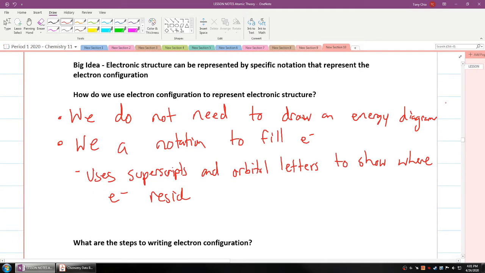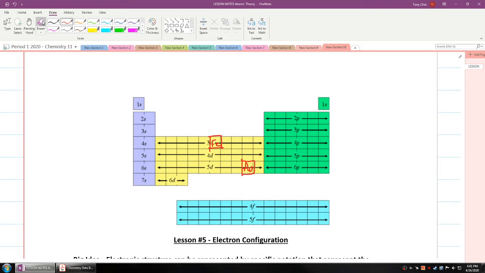If you remember this image from last lesson, you would remember that electrons fill in this order, and that's how it relates to the periodic table.